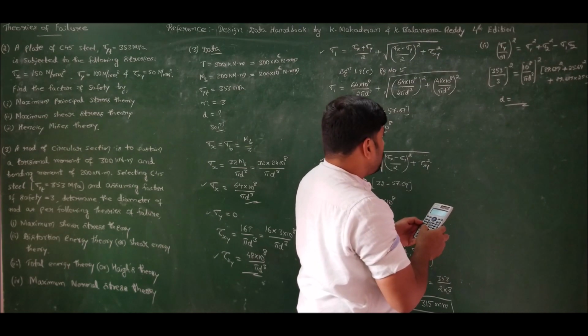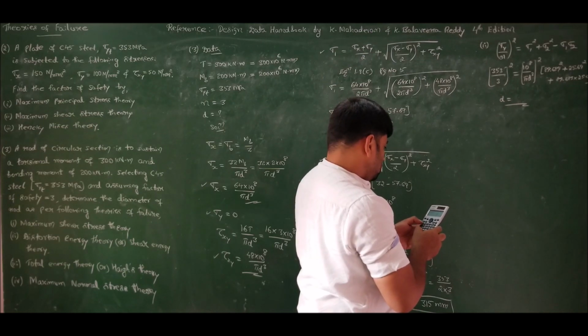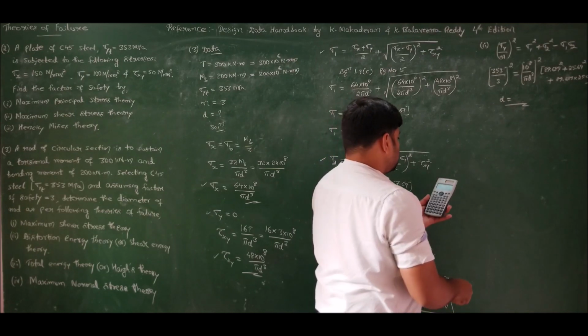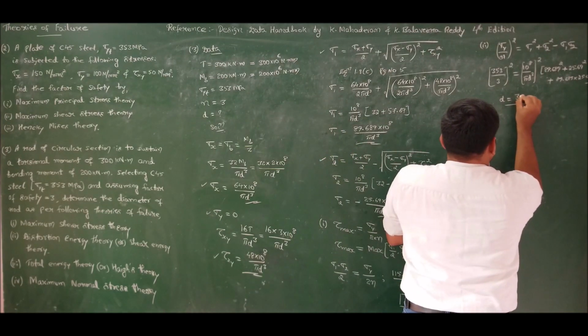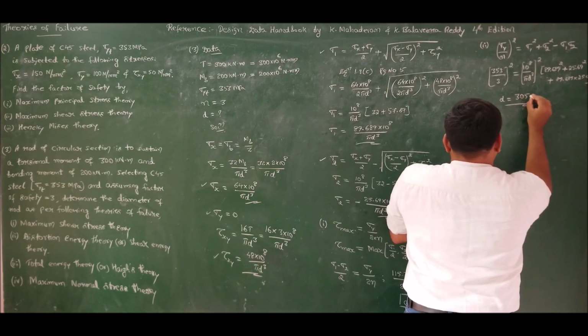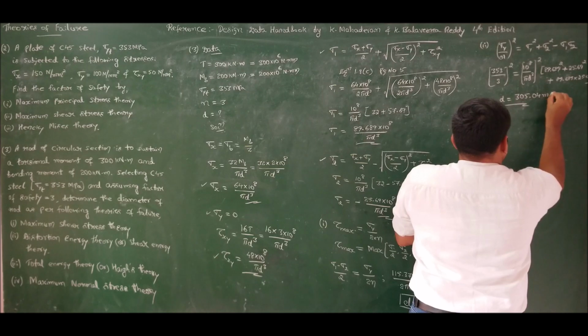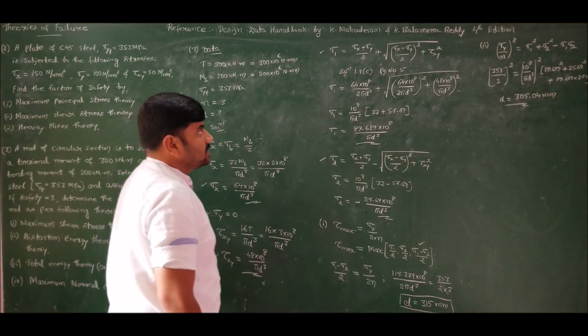So power of 3 square is 6. So the answer to the power 1 by 6 turns out to be 305.04 mm. 305.04 mm is what I will get.